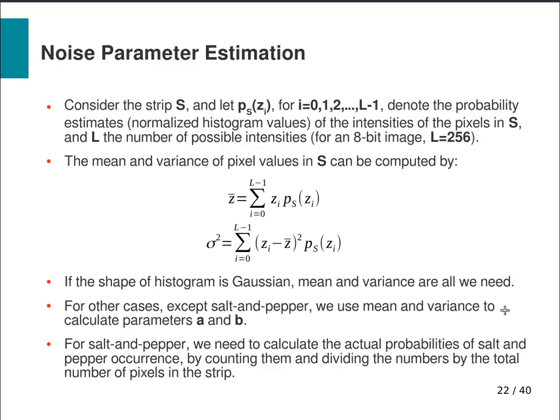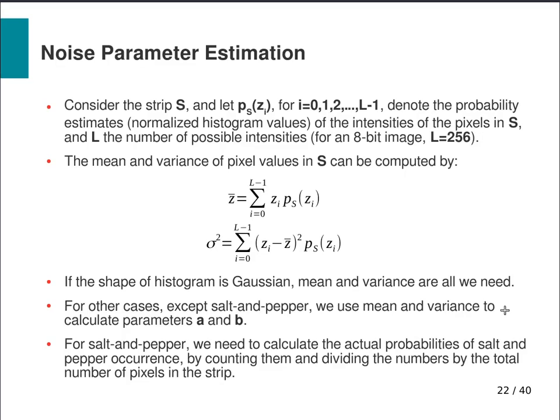To do that, let's consider the strip or the patch that we take from the image as S, and let's assume p_S(z_i) for i changing from 0 to L minus 1 is the probability estimates or the normalized histogram values for the intensities of the pixels in the patch, and L is the number of possible intensities. So for an 8-bit image, L is going to be 256.